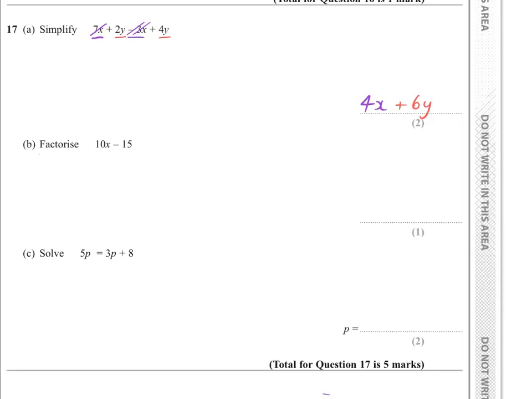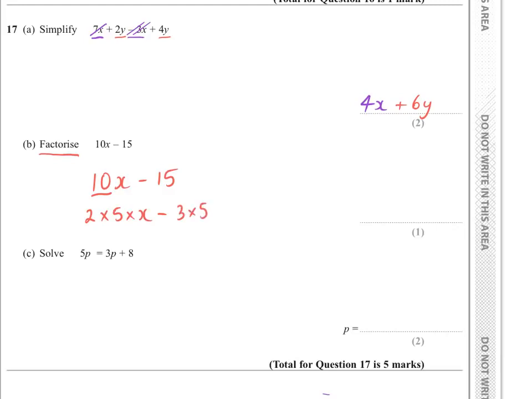Part B, it says factorise. So what that means is, if we take 10x minus 15, if we break it down into some factors, say if we factor 10, we can say that's 2 times 5 times x. And if we factorise 15, that would be 3 times 5.